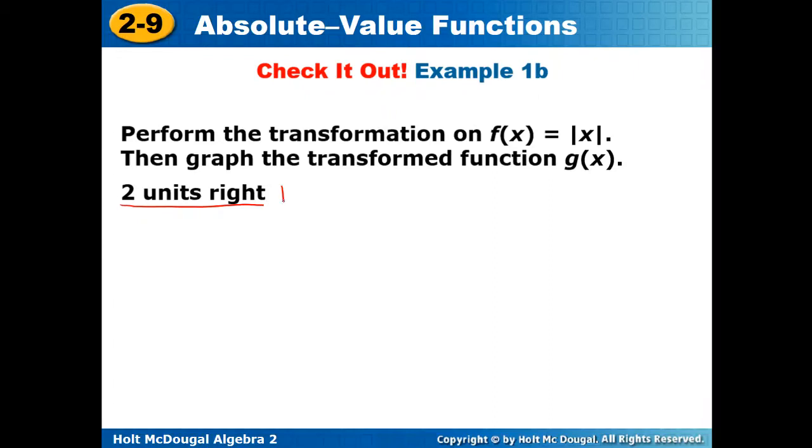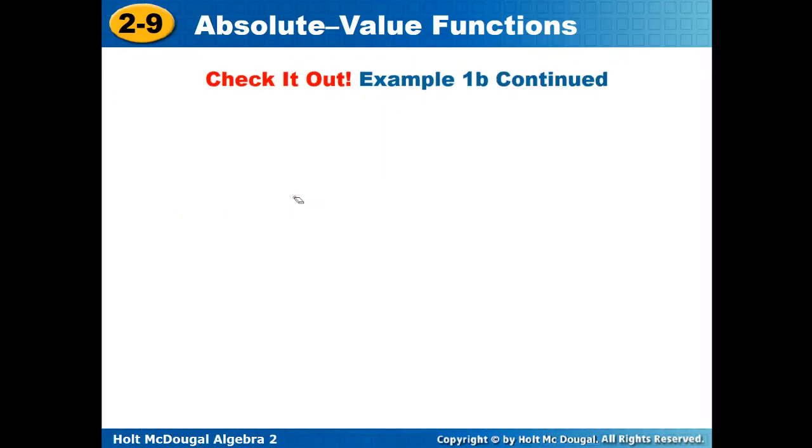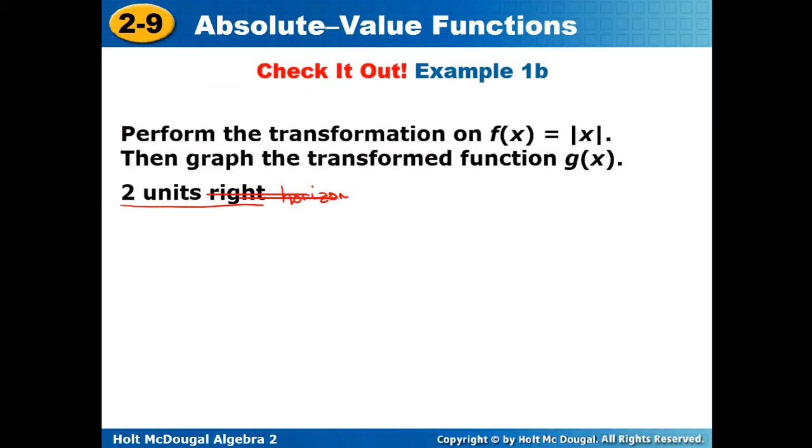Okay, so we're going to go 2 units right. So again, we're back to horizontal. This time we're going to go 2 units right. So let's just get a picture in our mind of what that's going to look like. We're going to go 2 units to the right, so we're going to go this way.